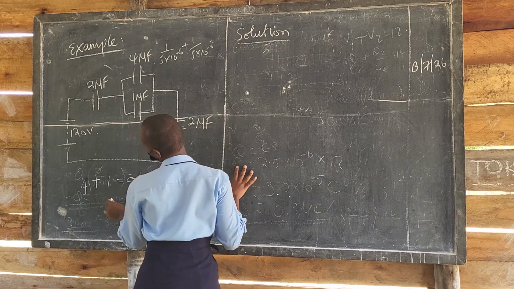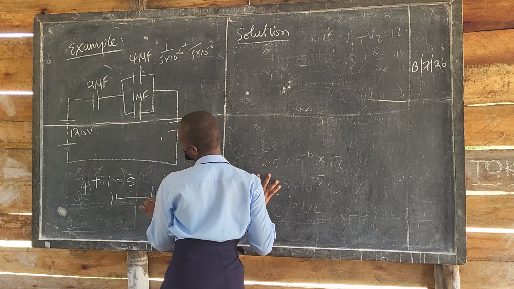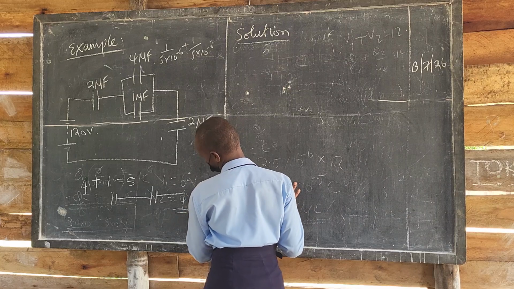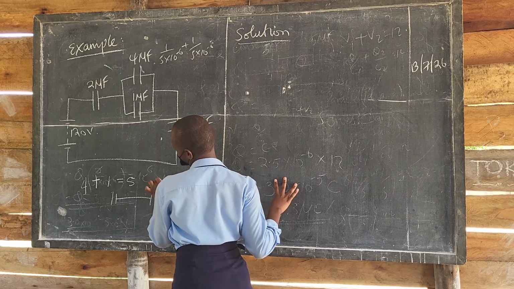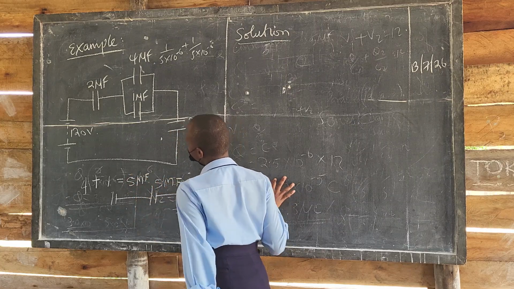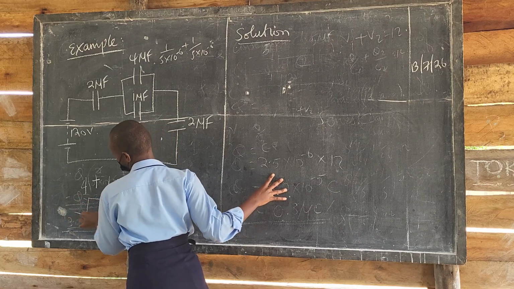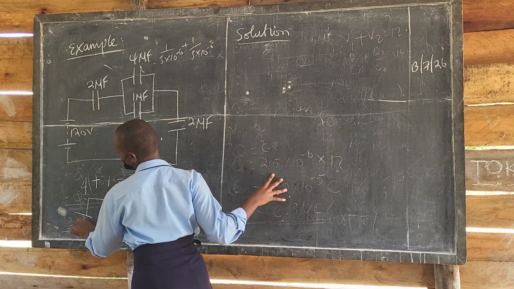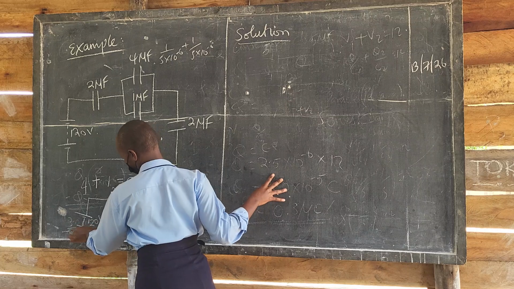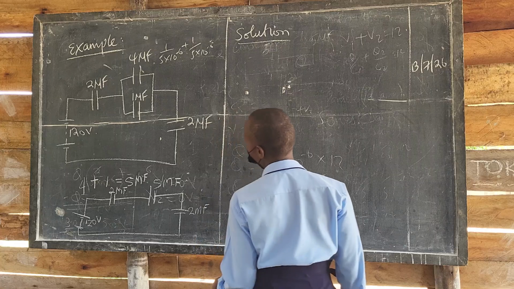Then here we redraw, and this is 5 microfarad. Then here we have 2 microfarad. And then here we have the voltage 120 V. Like this. Then this is the series arrangement.